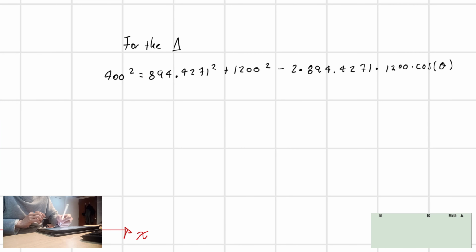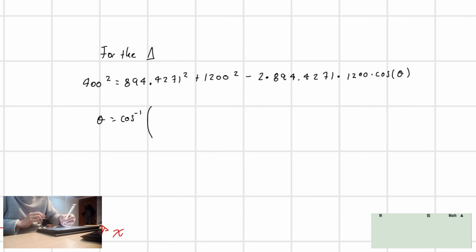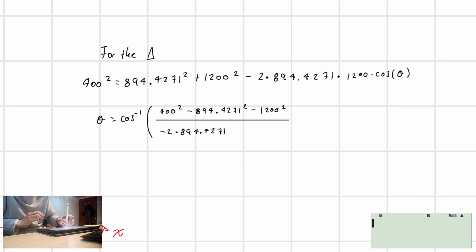Now that means that the angle theta is going to be equal to the cosine to the minus 1 power of, let's see, 400 squared minus 894.4271 squared minus 1200 squared divided by minus 2 times 894.4271 times 1200, and that would be all.